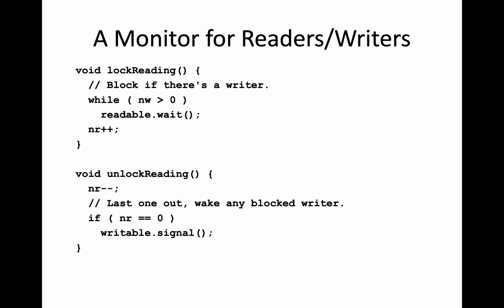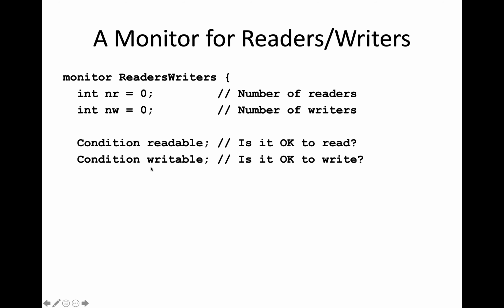Whenever a reader gives up a lock, it calls this second function, unlock reading. In this function, we first decrement the count, so if one thread released its read lock, that's one less reader. If that count ever hits 0, that means all of the readers have given up their locks. And if there was a writer waiting, then that's their chance to access the object. If there was a writer waiting, they're going to block on this writable condition variable, the one we talked about right here.